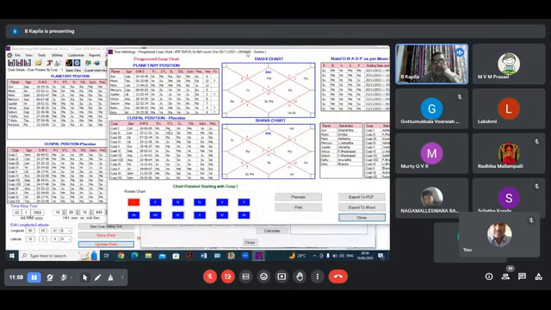The next planet is Mercury. Mercury is again in the star of Sun, sub of Venus, and sub of Jupiter. These two Venus I bunched together. Is my cursor visible now? Yes, sir.